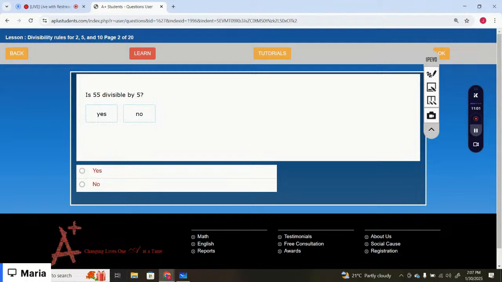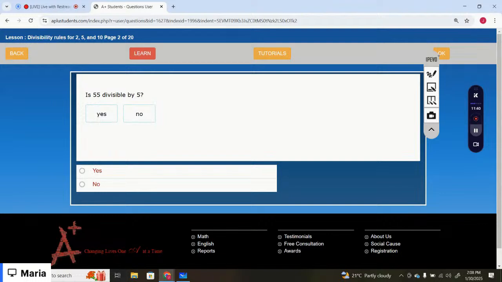Is 55 divisible by 5, which is the correct option? The correct option is yes, because the divisibility rule for 5 is that the ones digit must be 0 or 5.